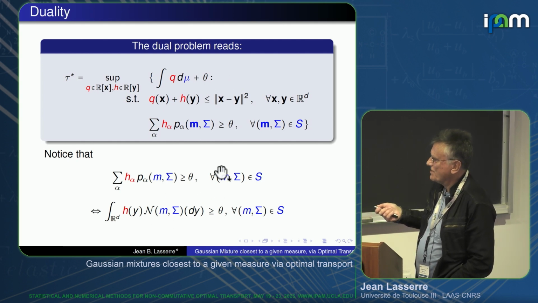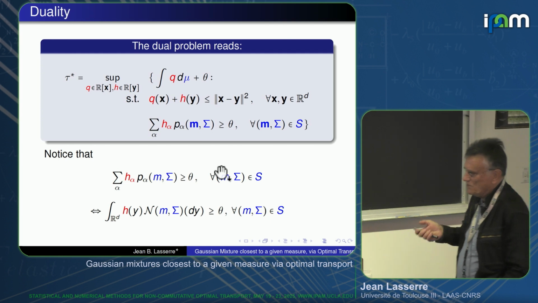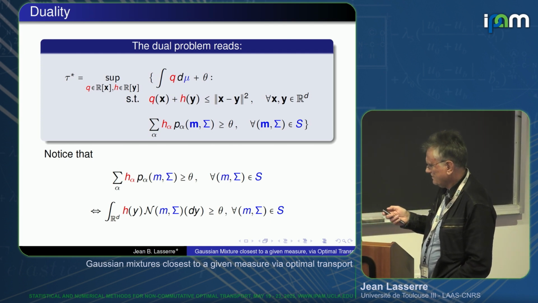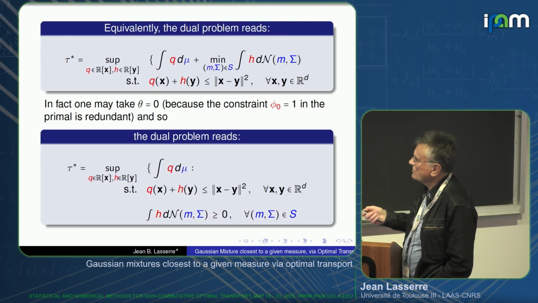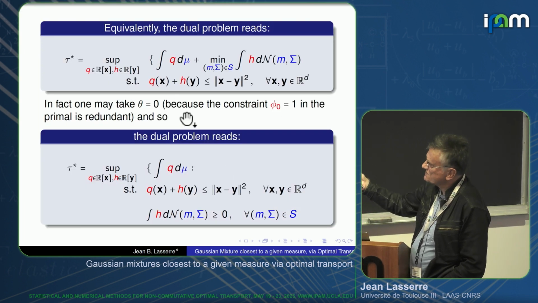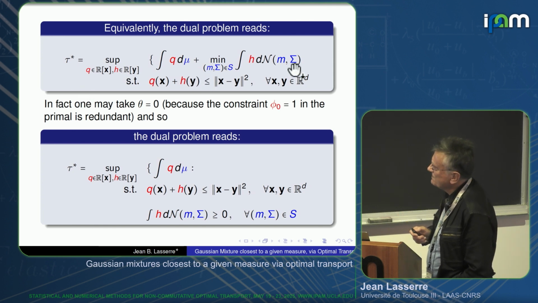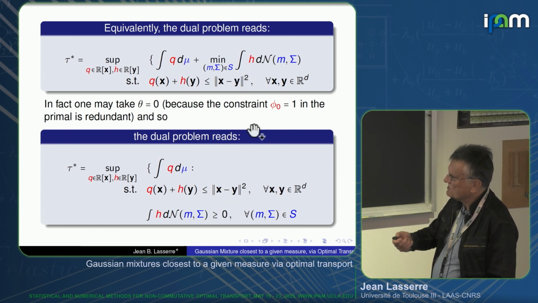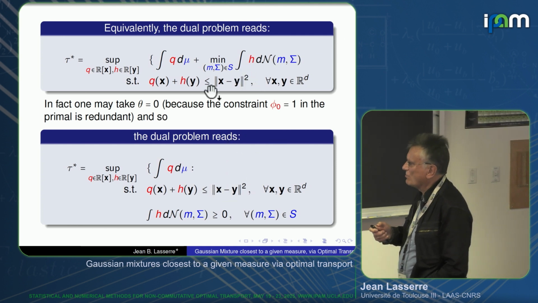So the dual looks very much like the classical dual in optimal transport. In fact, you can rephrase this as saying that the dual is exactly equal to this. But you can suppress this term, because we can show that theta can be equal to 0.